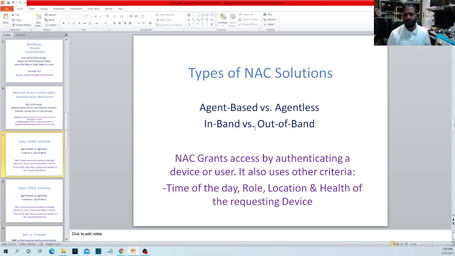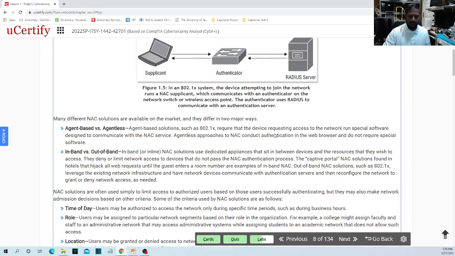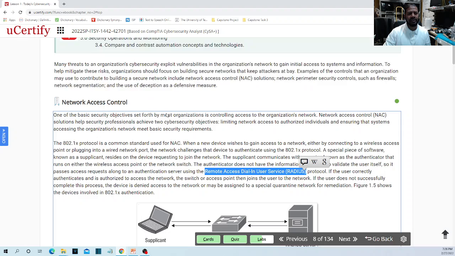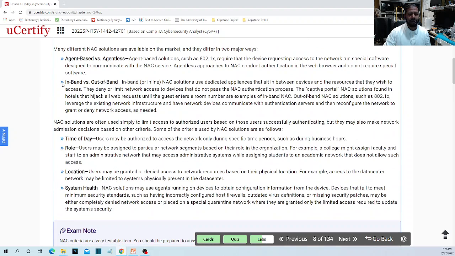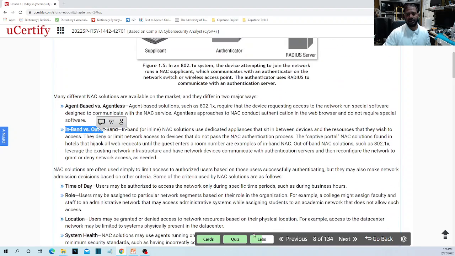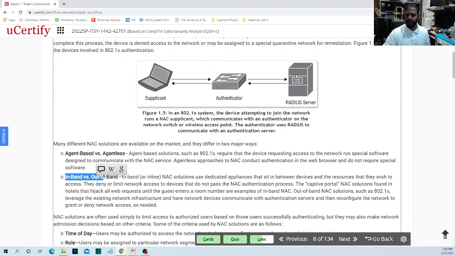The out of band, on the other hand, let's look right here so that you can check what is going on in your actual book. Right here is in band versus out of band. An out of band solution is your 802.1X, because there you are using a server. That is the difference. You are using a RADIUS server.